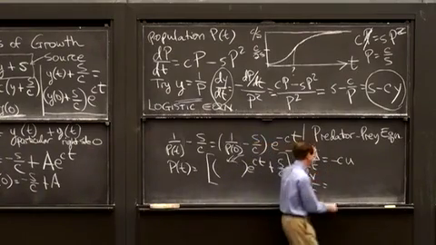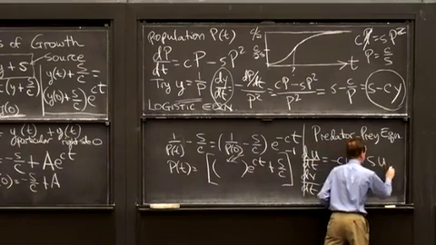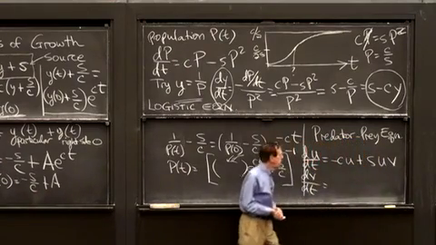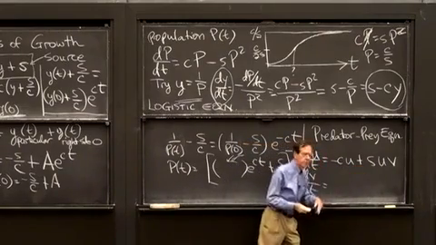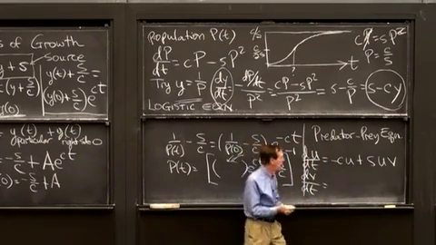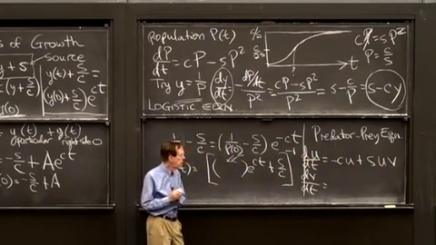But when there is a prey, there'll be a source term proportional to u and v. The more predators there are, they're all eating away. And the more prey there is, the more they're eating.